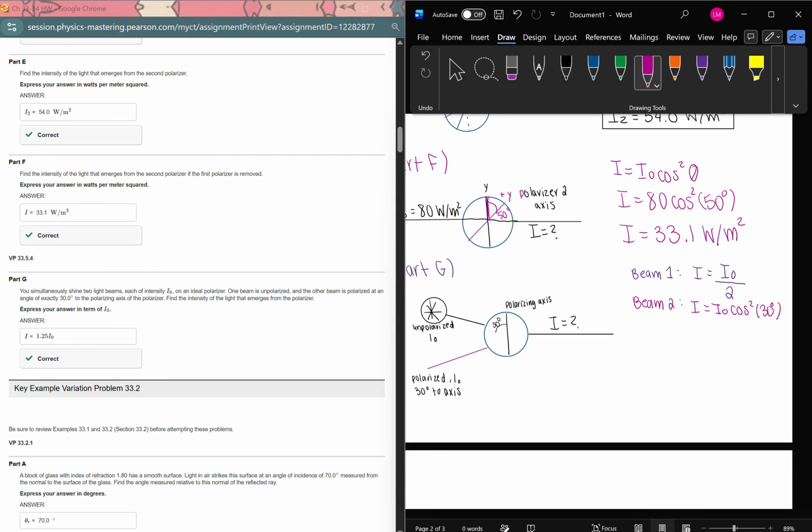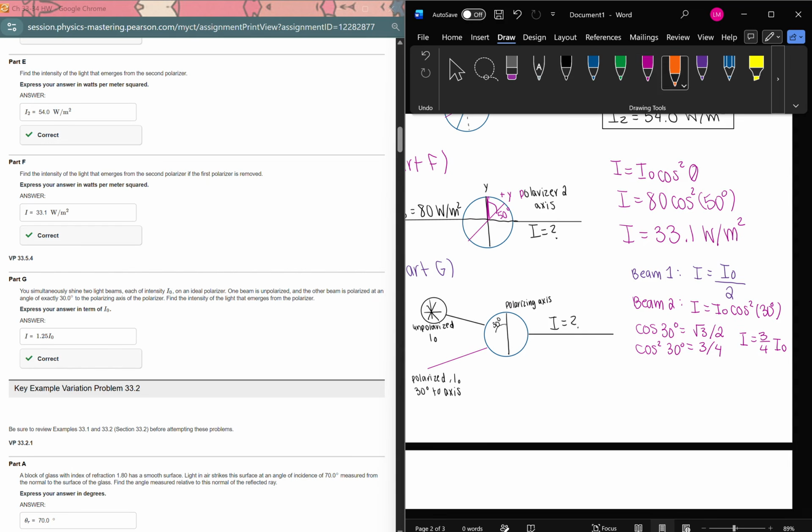Since cos 30 is root 3 over 2, cos squared 30 degrees is 3/4. That means I equals 3/4 of the initial intensity. So we're going to add the two intensities.